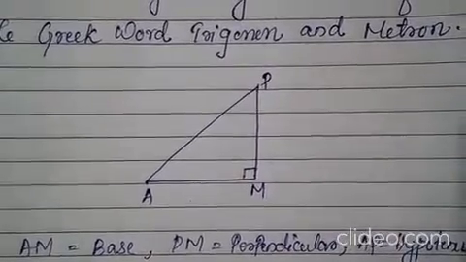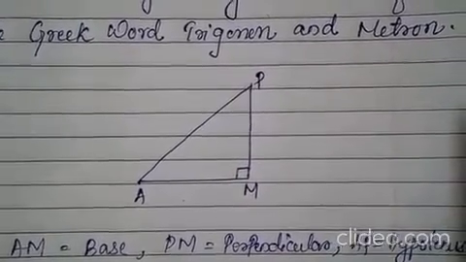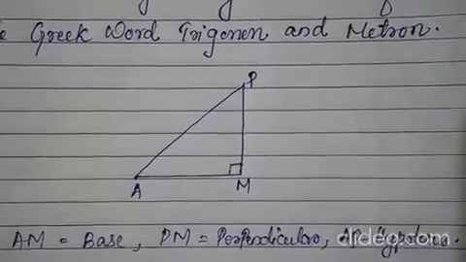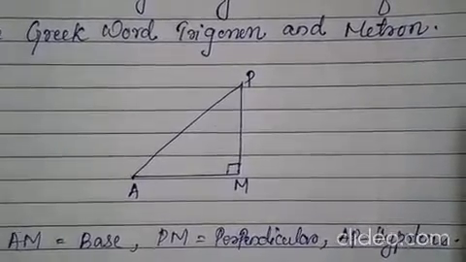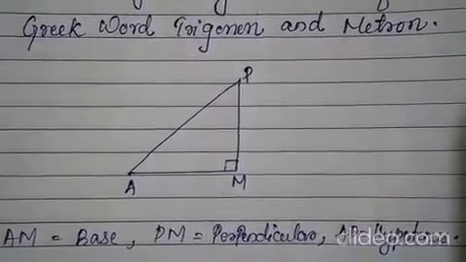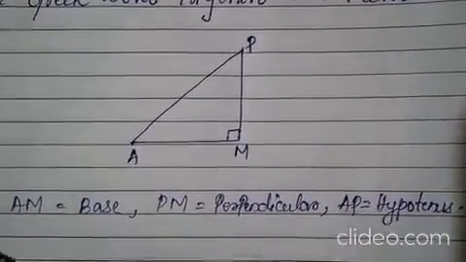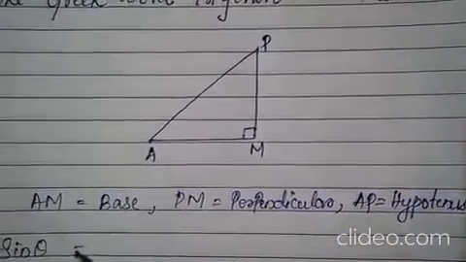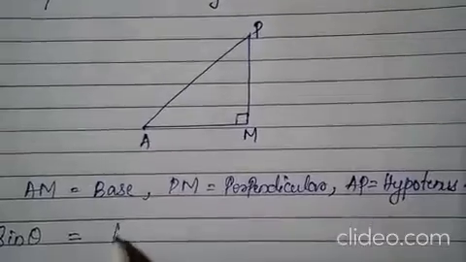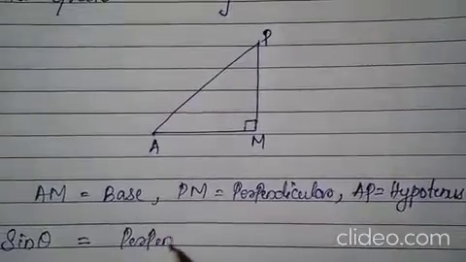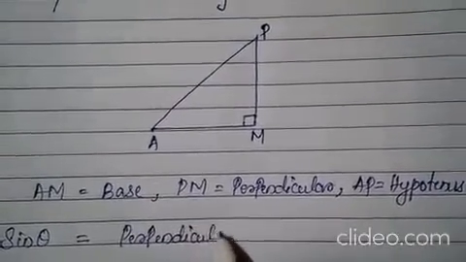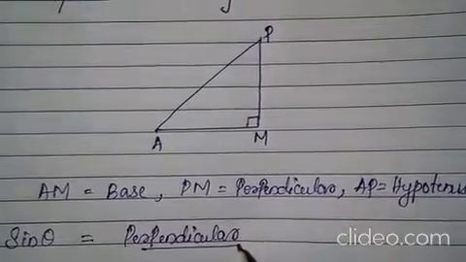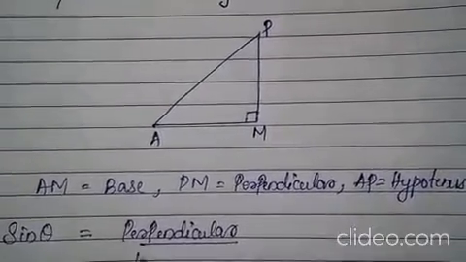Now we define the following trigonometric ratios using this right angle triangle. First one is sin theta. Sin theta equals perpendicular by hypotenuse.